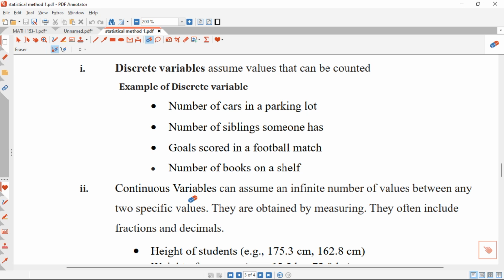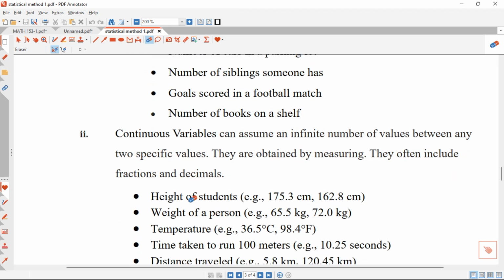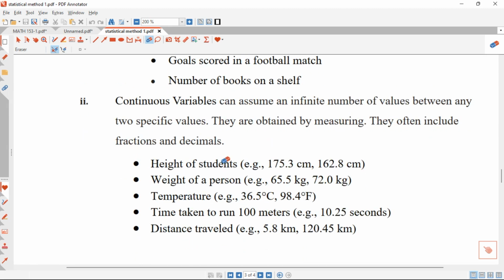They are obtained by measuring. They often include fractions and decimals, right? For example, height of students, we measure them. Weight of a person, we measure them. Temperature, time taken to run 100 meters, and distance traveled. So these are the types of variables that we have under quantitative variables.